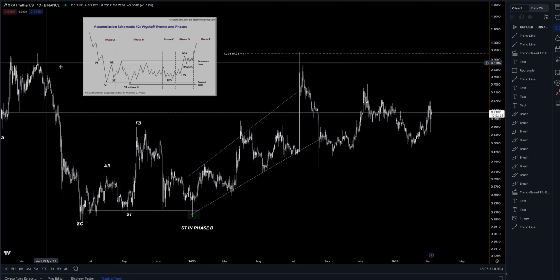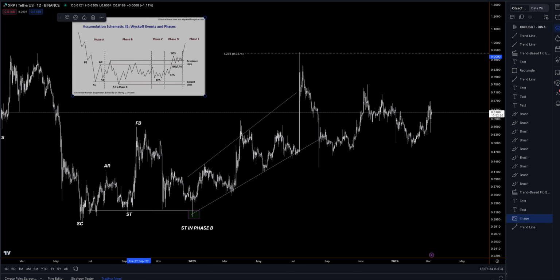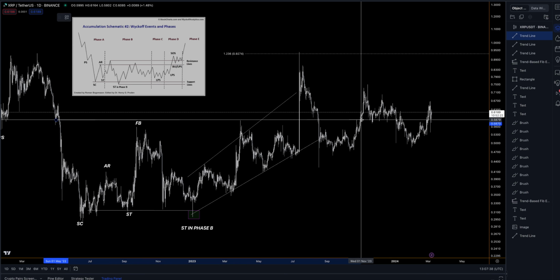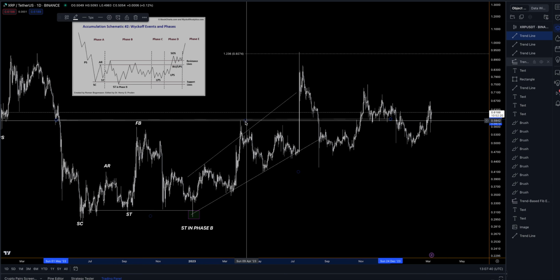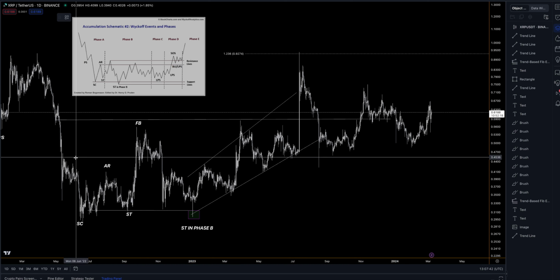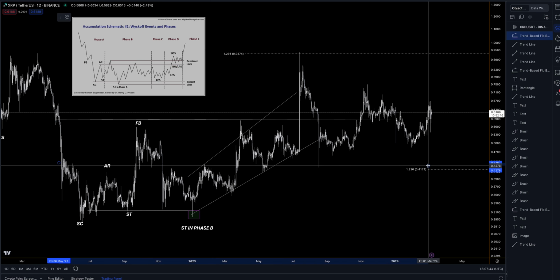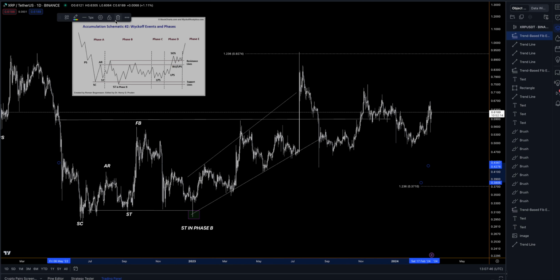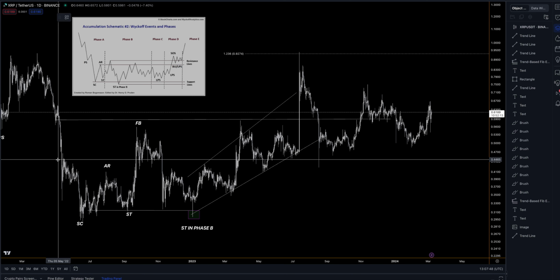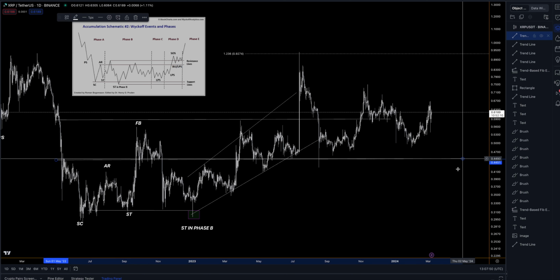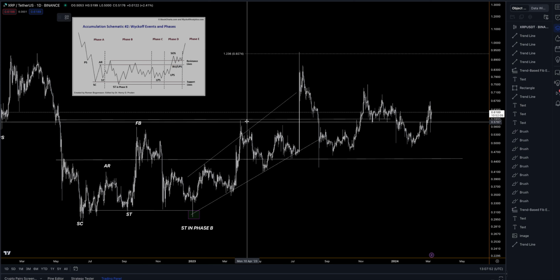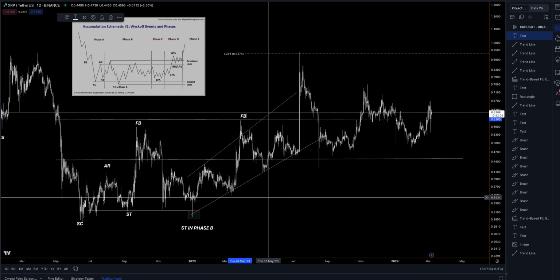And so what happens after your secondary test in phase B, you move up to mid-range and then you get knocked back down. You see how we move back up to mid-range over here? So what would I call this? I would call this our failed breakout number 2.